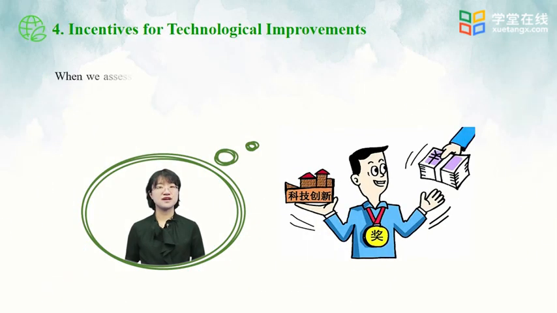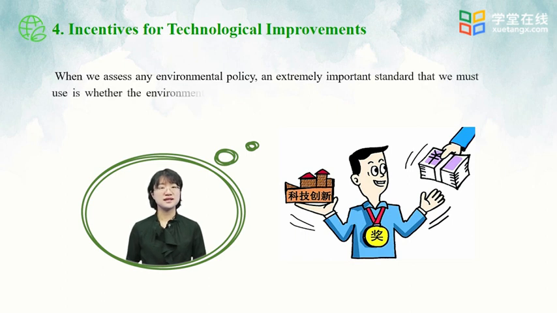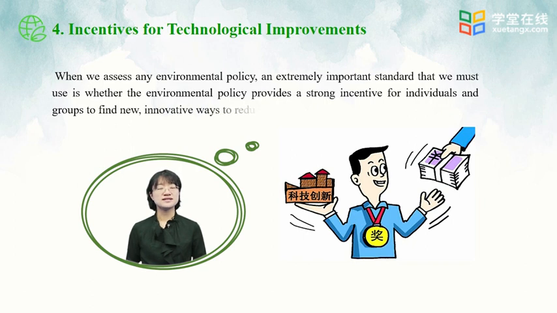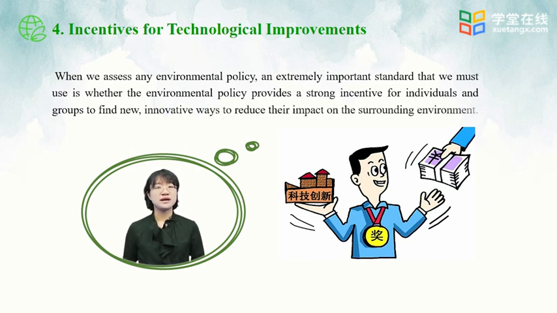The fifth environmental policy assessment standard is enforceability. Policies should be enforceable. Many students may not have considered enforceability of a policy and think that it must be implemented as long as it is formulated.